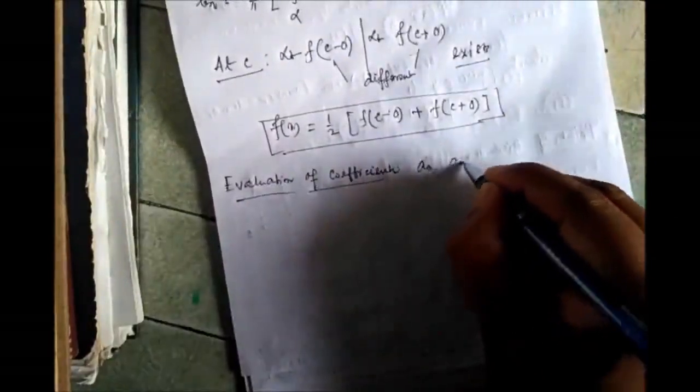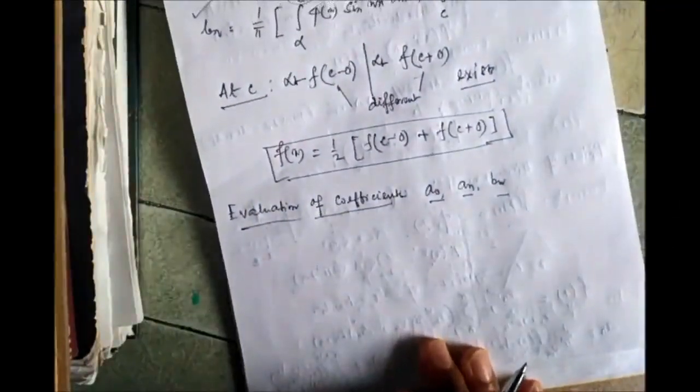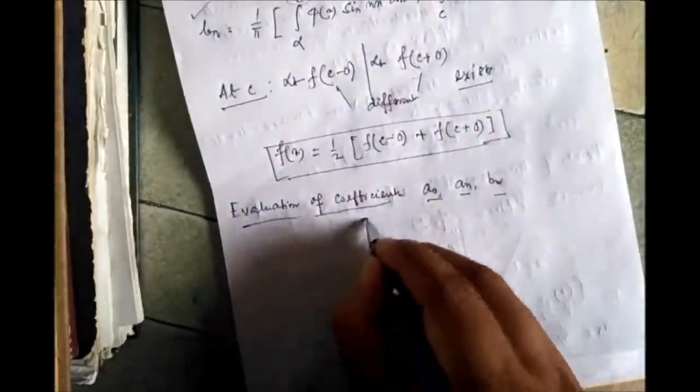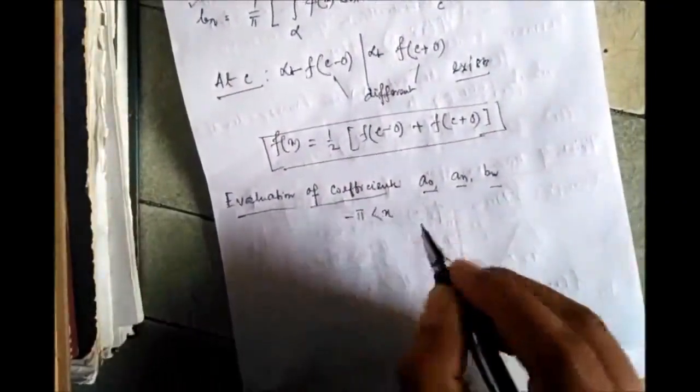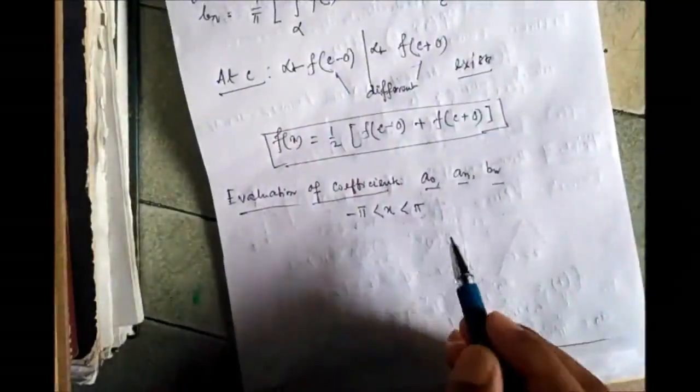So the evaluation of a0, an and bn, these three coefficients. Now we know that we have a Fourier series between this interval, between minus pi to pi.